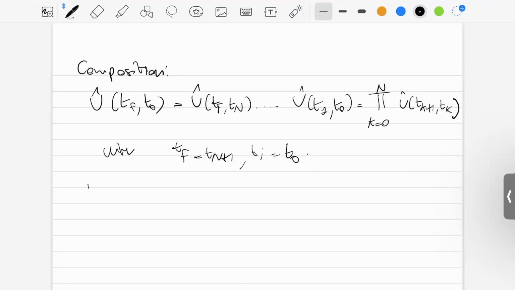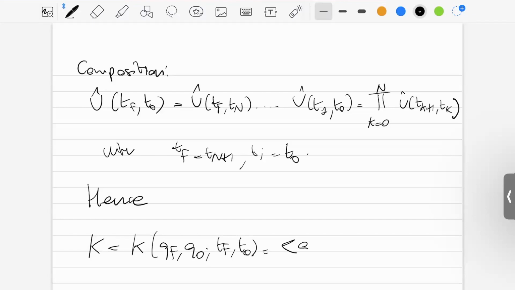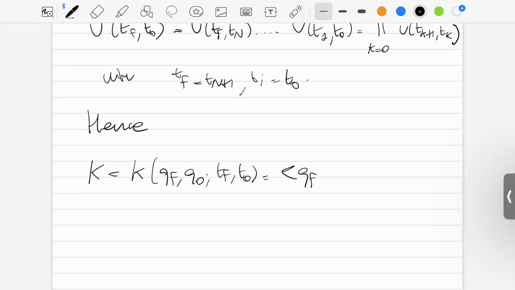Now we can compute our propagator K, which remember is a function of q0, qf, t0, tf. According to the definition, it's just the matrix element of U, so the matrix element of qf, U, and q0.